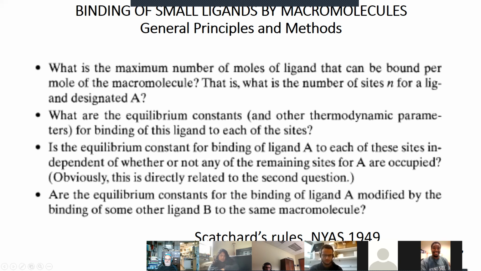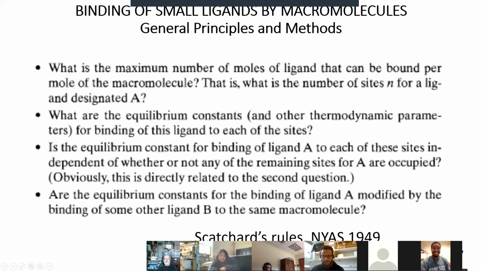How many? How tightly do they bind? What are the equilibrium constants and other thermodynamic parameters that we'll want to get at for binding of this ligand to each site? Okay, so how many N, how tight K? Is the equilibrium constant for the binding of ligand A to each of the sites independent, or is it cooperative?